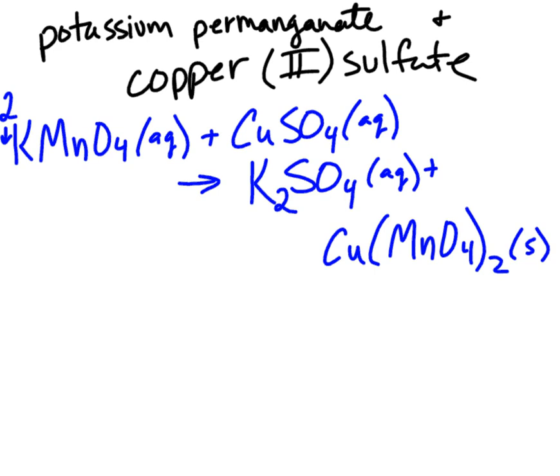All right. Let's look at the next thing, which is going to be the complete ionic equation, which would be 2 potassium ions plus 2 permanganate ions. So I'd have MnO4 minus. And the reason why I know it's minus is, A, because it was with potassium in a 1-to-1 ratio, but also I can look at the table.